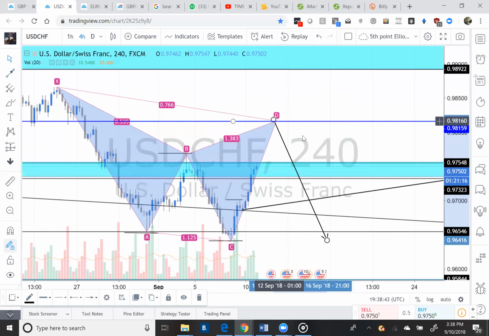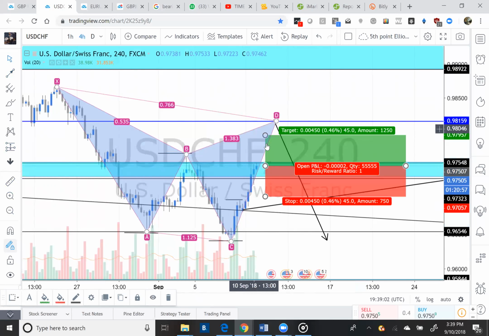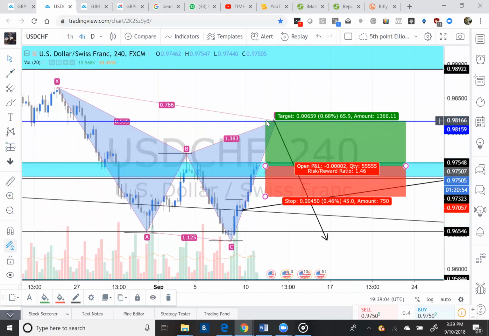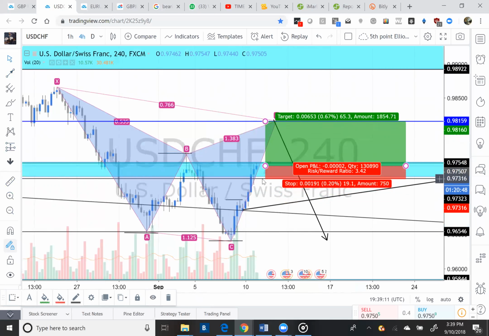So the take profit level is 0.98157. And the stop loss in this case, if we set it up here, I will take the trade like that, market execution, and then I will put a stop loss to maintain my minimum 3-to-1 ratio.